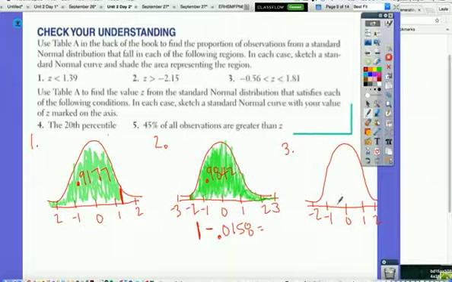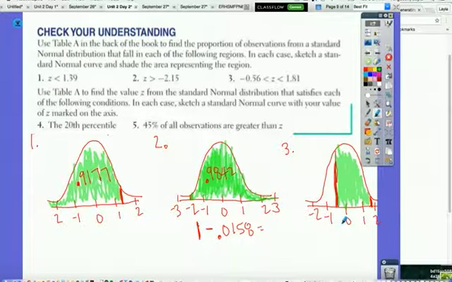And you want to get negative 0.56. So somewhere like in here. And you want to get 1.81. So somewhere that's like here. And you basically want to find all of this. Now I've showed you how to do it on the table. Now I want to show you how to do it on the calculator.